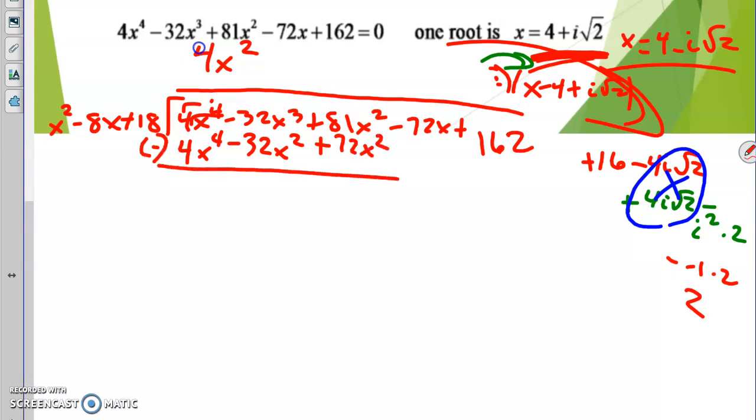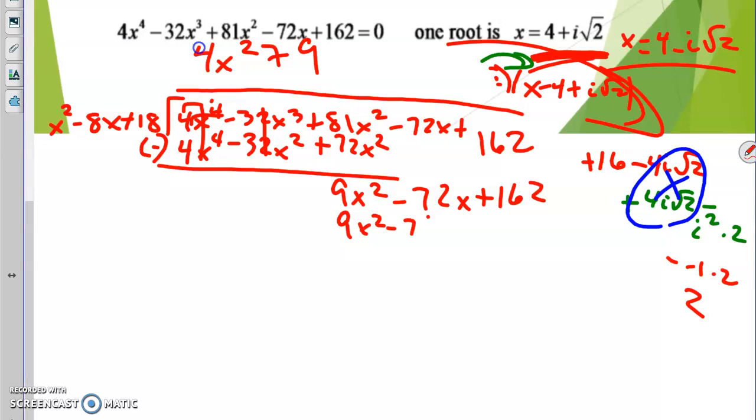And I am subtracting, so these go away, and I'm left with 9x squared. Bringing down some more terms. And I'm going to put in a plus 9 in there, which gives me 9x squared minus 72x plus 162. And it comes in there 0 remainder.